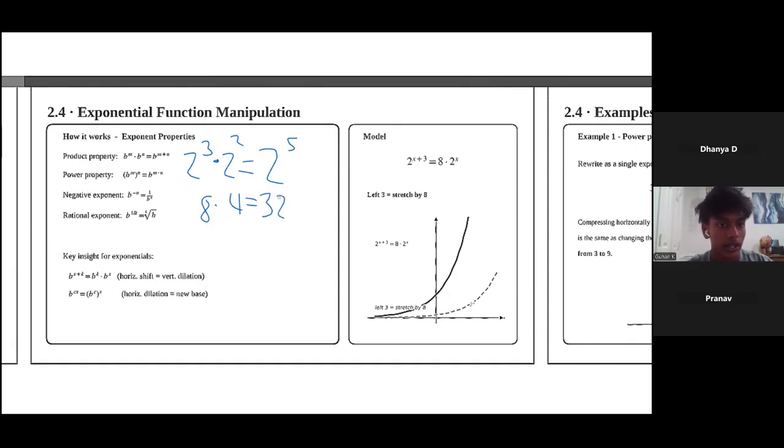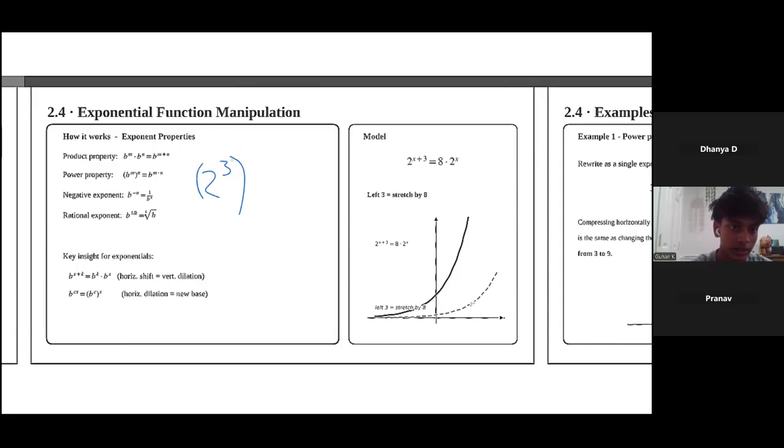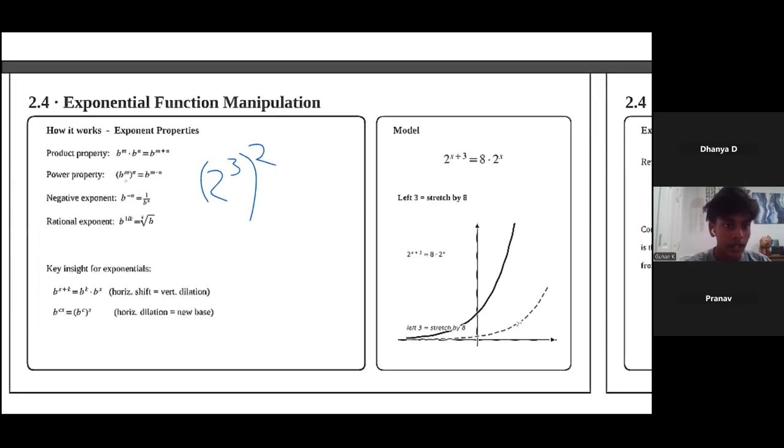Next one. If we have something inside the parentheses raised to an exponent, like 2 to the 3 for example, and then we're putting that to the power of something else, squared. Then you have 2 to the power of this times this. So b to the power m, which is inside the parentheses, identical to 2 to the power of 3, to the power of n. It's basically putting the whole parentheses on an exponent, right? So therefore we multiply the two exponents. So 2 to the 3 times 2.